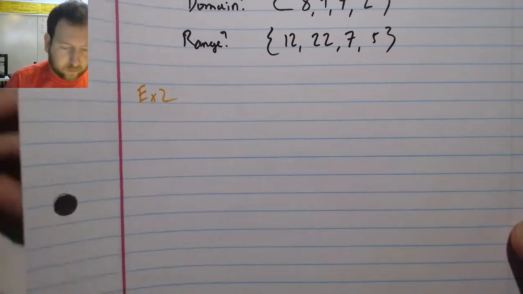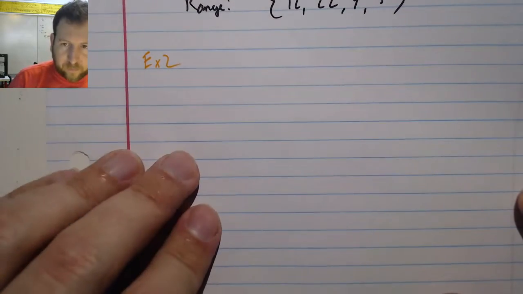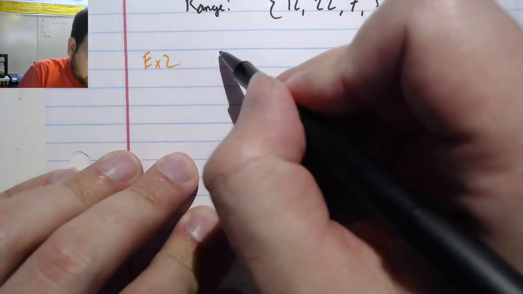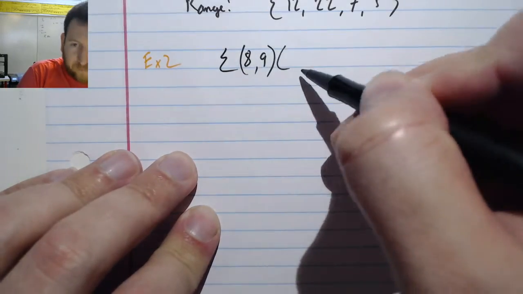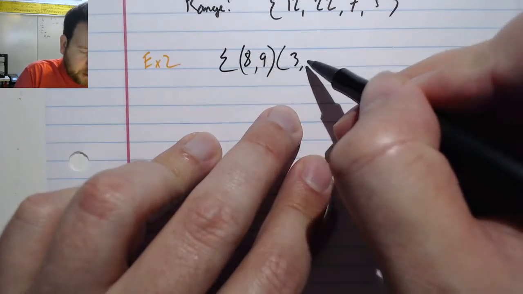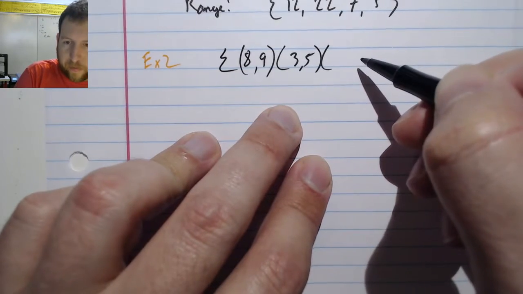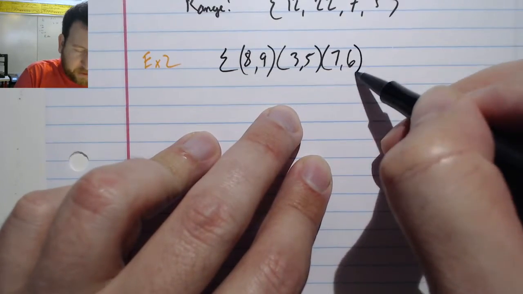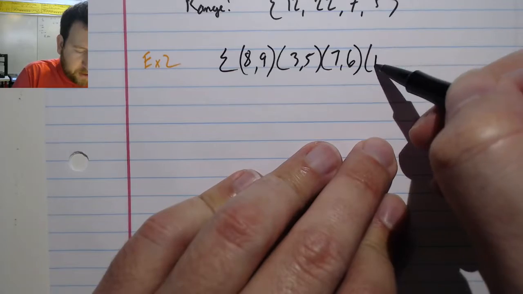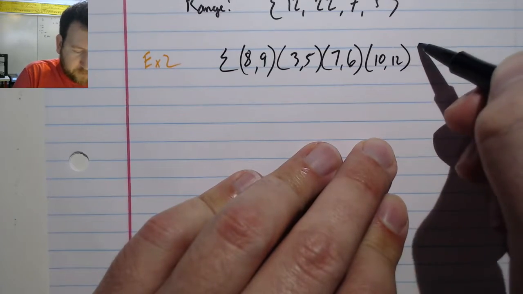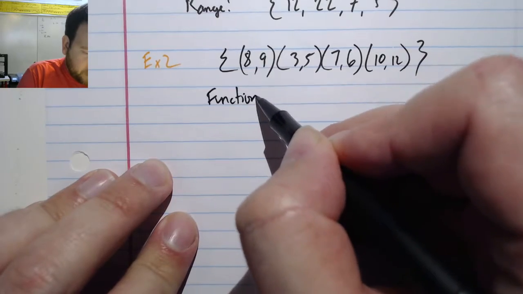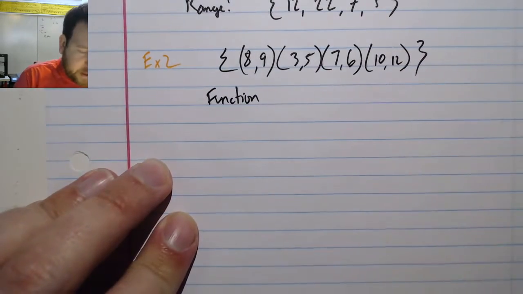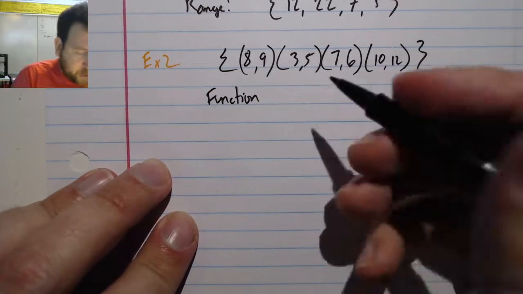Okay, we have 8, comma 9, 3, comma 5, 7, comma 6, and 10, comma 12. And set. First, function? Well, 8, 3, 7, 10. No doubling up and no leading to two different spots.